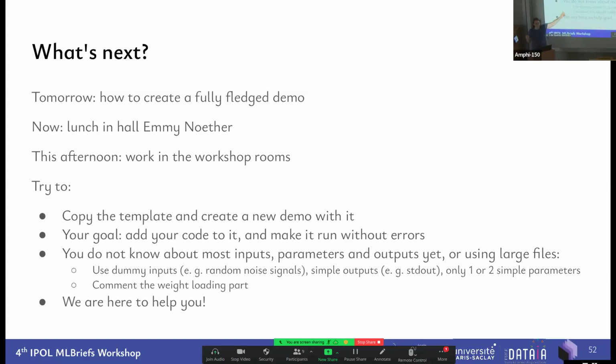Earlier today, I explained the different tracks of submission. For the IPOL track, the code will be peer-reviewed, so the contribution in the submission is the demo, the article, and the code. For the MLBriefs track, the code is not peer-reviewed, so it is not per se a contribution.